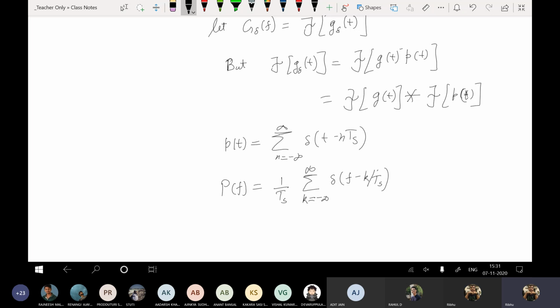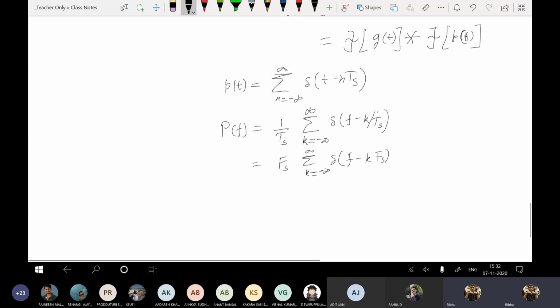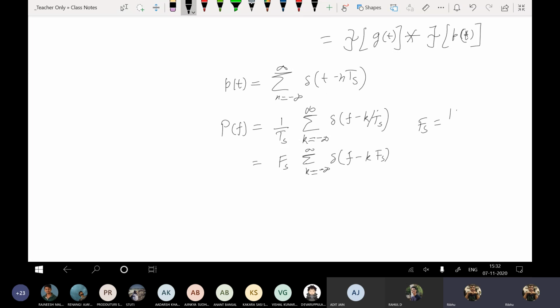Or should I do the steps? No, sir, it's fine. Okay. So the Fourier transform of a train of pulses is another train of pulses, and the coefficients are given by 1 over Ts. This I can write as Fs summation k goes from minus infinity to infinity delta(f minus kFs), where Fs equals 1 upon Ts.